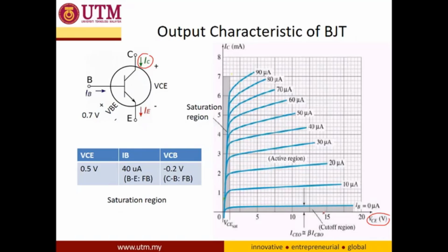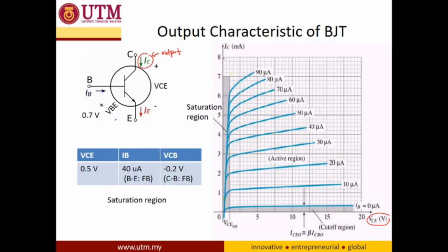It's a very significant characteristic of a BJT. In general, the output signal of the BJT is the collector current, so that's why this characteristic is called the output characteristic.